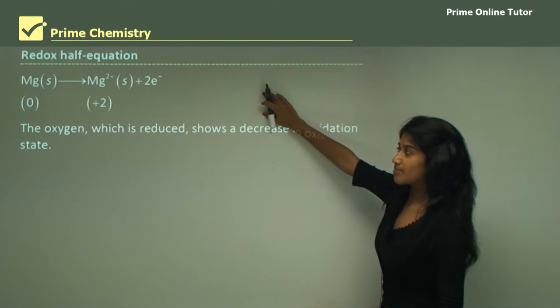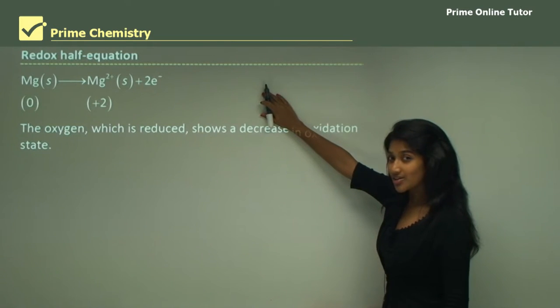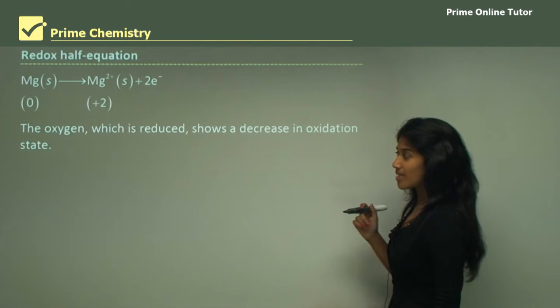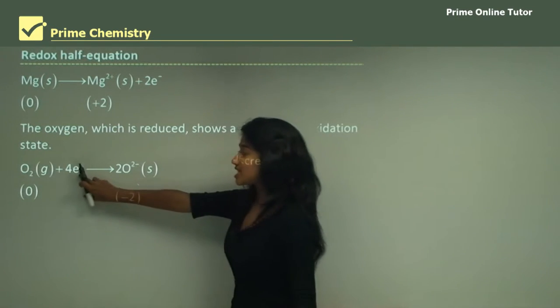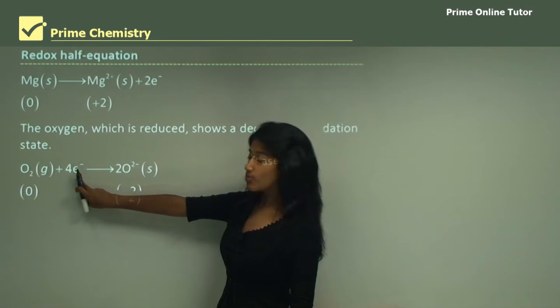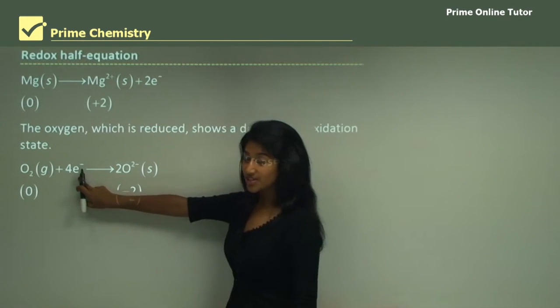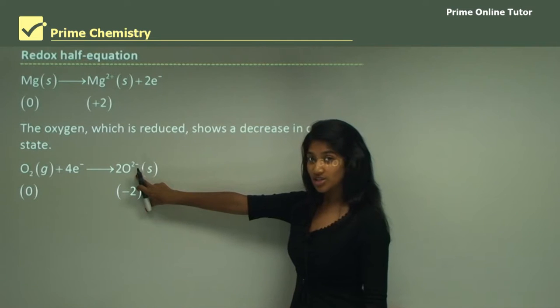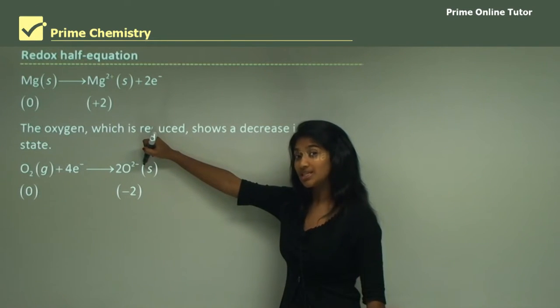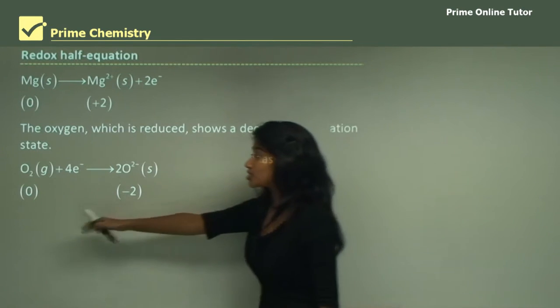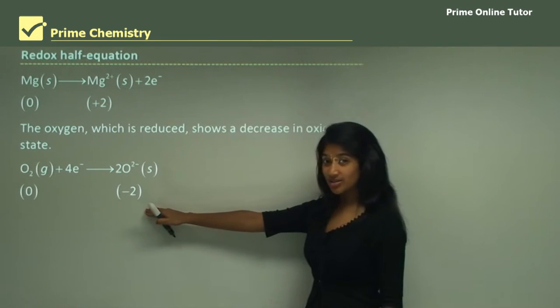Now we just looked at magnesium, which has an increase in oxidation state. Looking at oxygen now, oxygen is gaining 4 electrons. When oxygen gains 4 electrons, it's going to form oxide ions. Note the oxide ion is an anion, which means it's negatively charged. So from 0, it's going to -2.